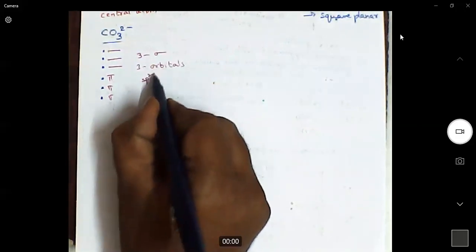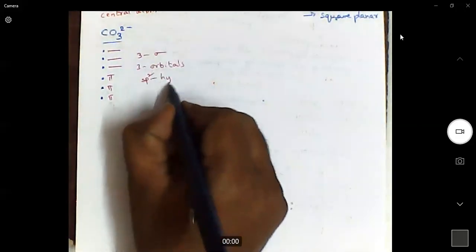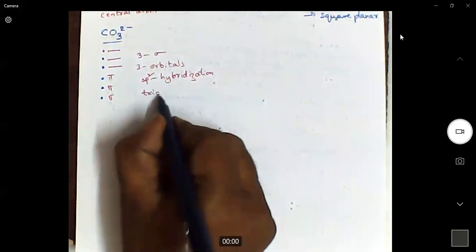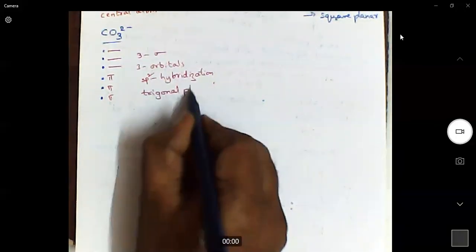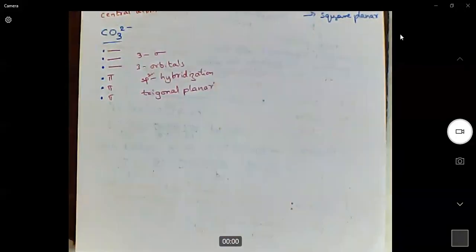So there are 3 sigma bonds, so 3 orbitals are involved in hybridization. 3 orbitals, it is 1 s and 2 p. So sp2 hybridization. sp2 hybridization shape is trigonal planar.